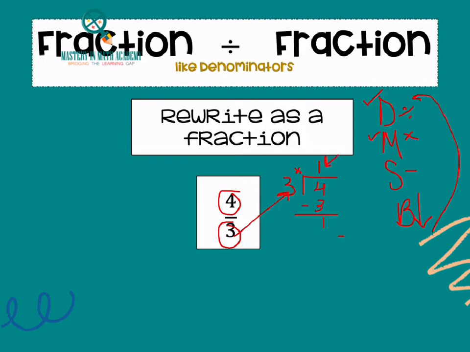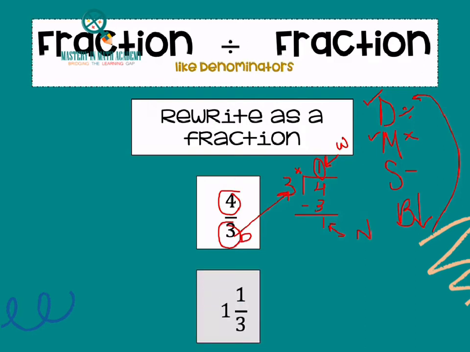So I'm going to write W for my whole. Whatever is on top, that's your whole number. Whatever is at the bottom, that's your numerator because that's what's left over. And this 3 right here, remember, it's already in your denominator, so you're going to keep it the same. And now you need to rewrite it.